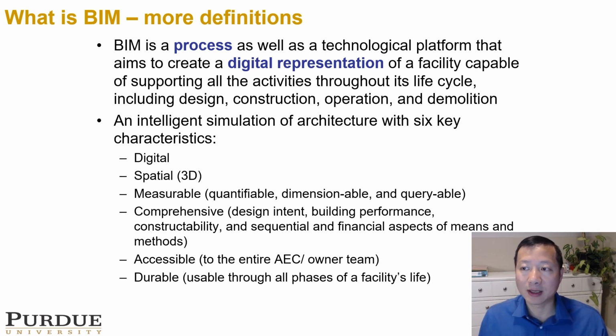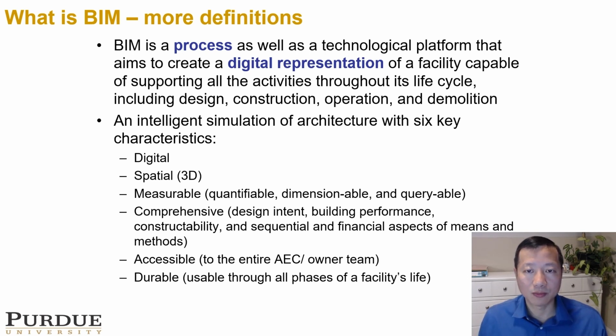And here something is a facility, be it a bridge, road, or building. And this digital representation is capable of supporting all the activities throughout its life cycle, including design, construction, operation, and demolition. So we view BIM as an intelligent simulation of architecture with 6 key characteristics.